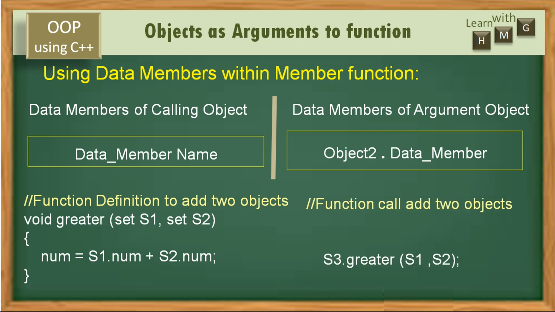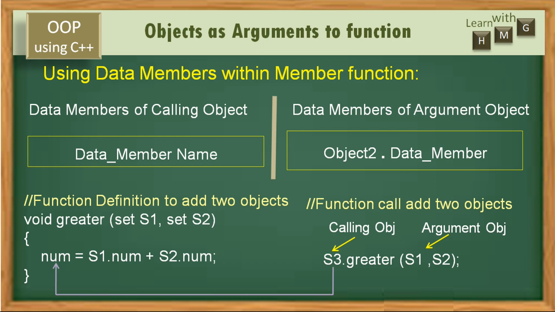So the function call will be like this in the main function: s3 dot greater, in brackets s1 comma s2. Now you can look here, three explicit object names are there, s1, s2 and s3, out of which s3 is the calling object while s1 and s2 are the argument objects. So the data member of s3 is used directly without any object name: num is equal to.